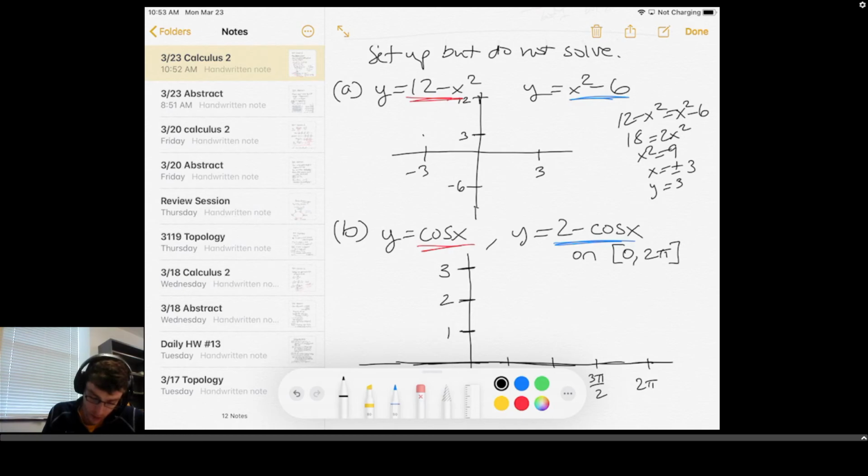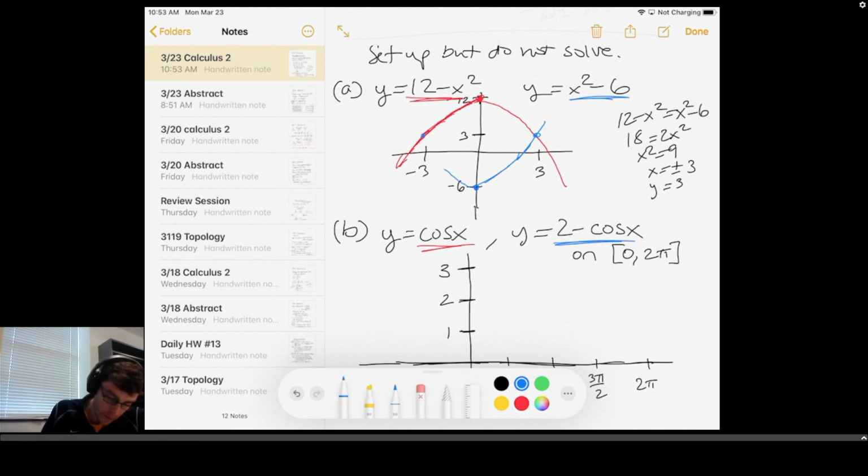All right, so then we get 12 minus x squared, a downward facing parabola, and it goes through negative 3, 3. Same thing over here. And then this one faces up, but starts down here, and we know where it's going to intersect.